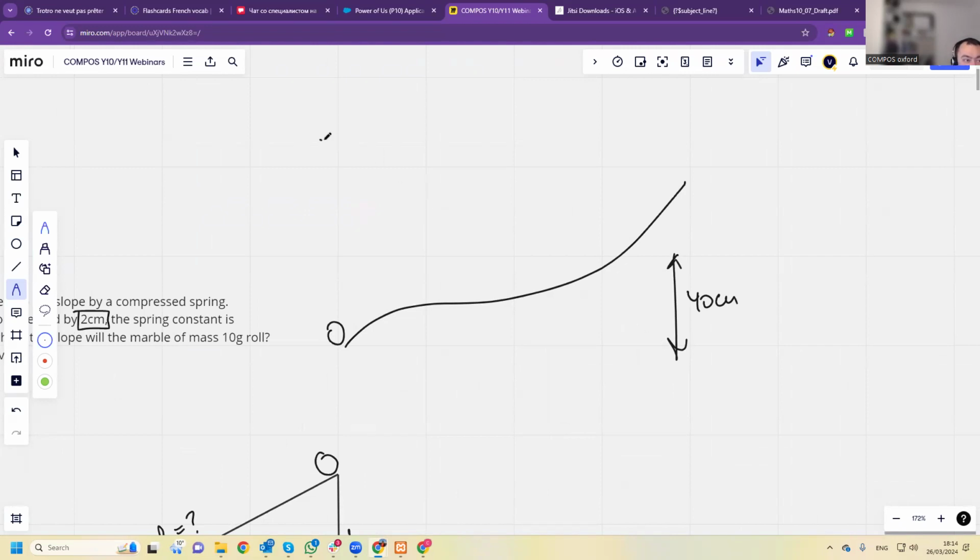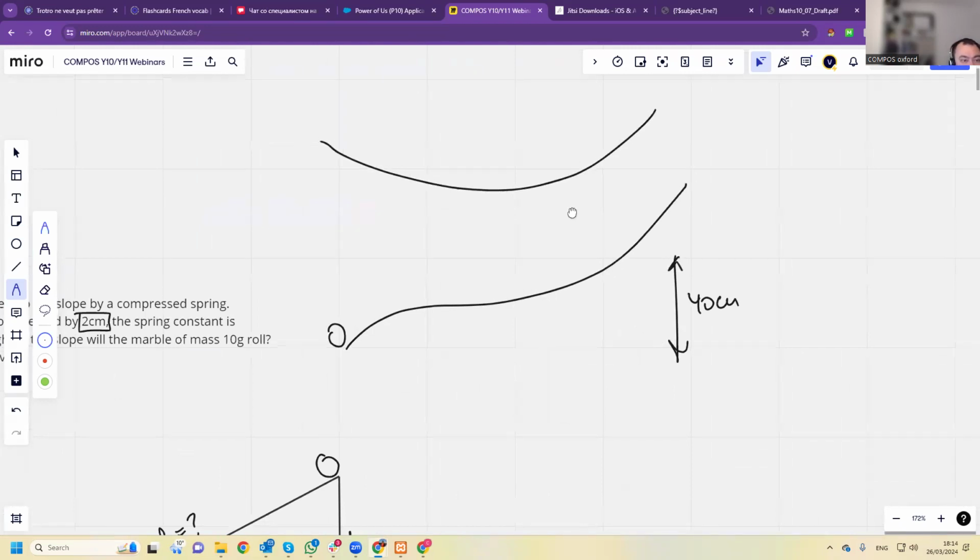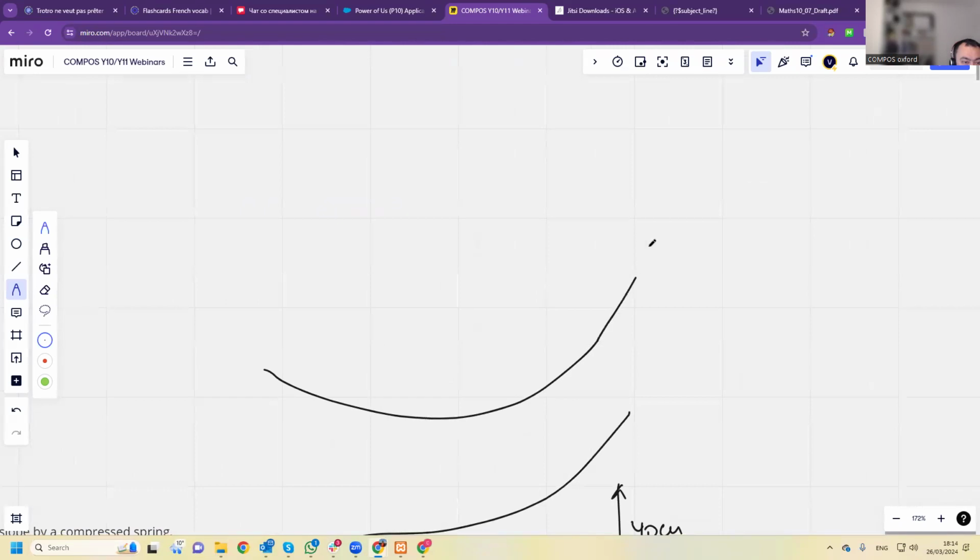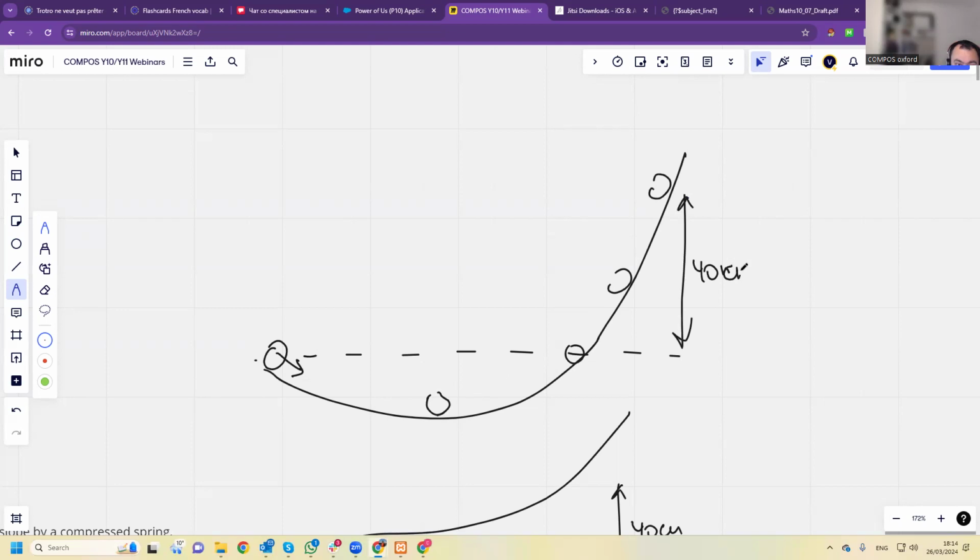And even if the slope was like this, if it was pushed down first, it will speed up, then it will start to slow down, and it would reach 40 centimeters above the original height. Of course, if you ignore friction.